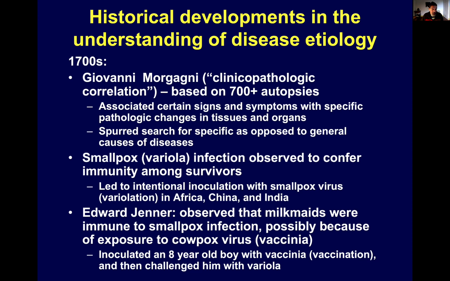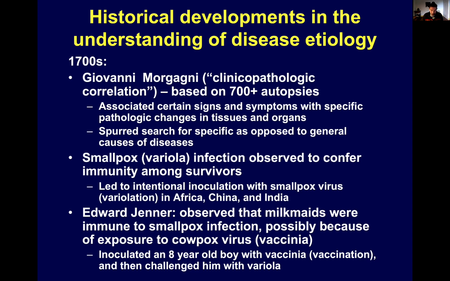Later, Edward Jenner had the observation that milkmaids, people who milked cows, were immune to smallpox infection. And this was possibly, he hypothesized, because they were exposed to the cowpox virus, or vaccinia. And so he did an experiment whereby he inoculated an 8-year-old boy with the cowpox virus. And then, after adequate time passed to develop an immune response to the cowpox virus, he exposed the boy to smallpox virus to see if he would develop smallpox infection.